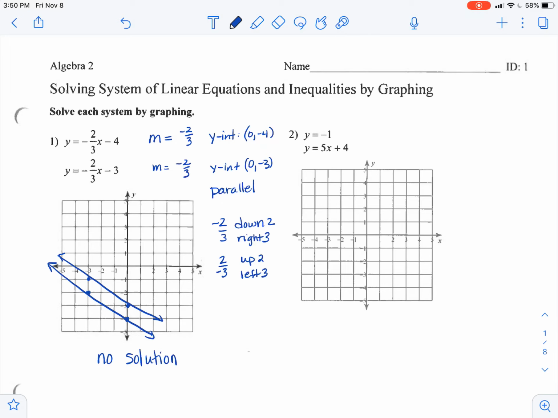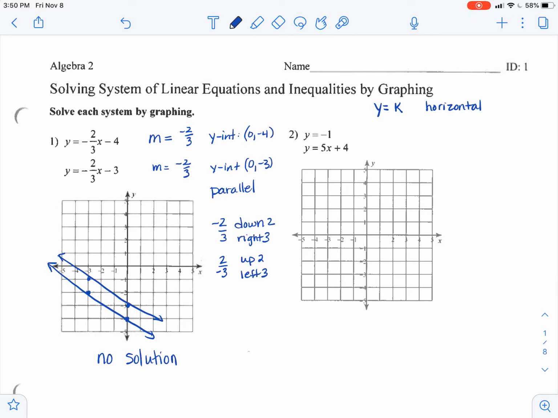Let's go ahead and start the next one. First, my question to you is, what kind of line is y equals -1? Normally I write y equals k. What kind of line do I have? Hopefully you remember that it is a horizontal line.